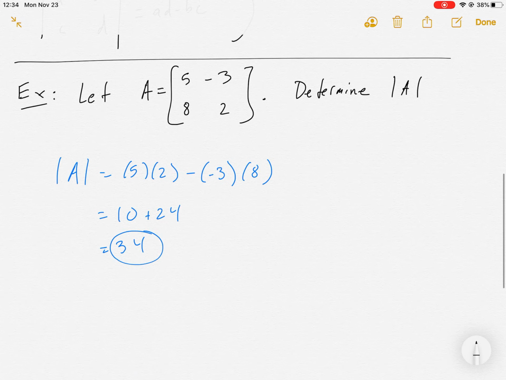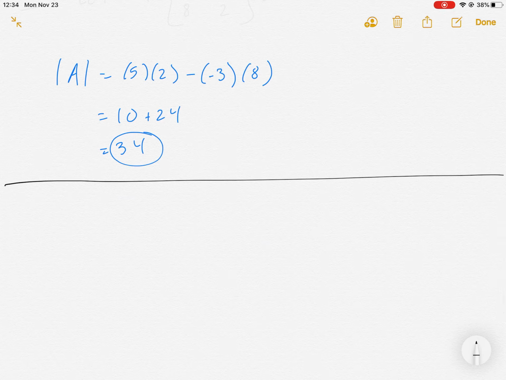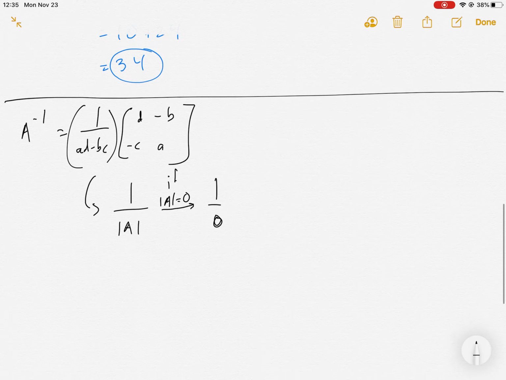Now, one of the key results and the key reasons we use determinants has to do with inverses, like I mentioned before. So let's go back to the definition for A inverse. It was 1 over AD minus BC. Now notice this is actually 1 over the determinant of A. If the determinant of A was 0, this would be bad, because now we would have 1 over 0, which would be undefined.